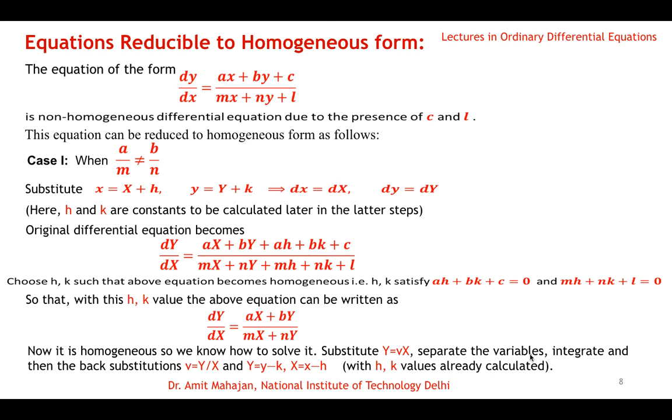So we separate the variables, integrate, and find a solution. Once we have a solution in the new variables v and X, we use back substitution, v as Y by X, and then capital Y as y minus k and capital X as x minus h, where k and h are calculated from these two equations here.